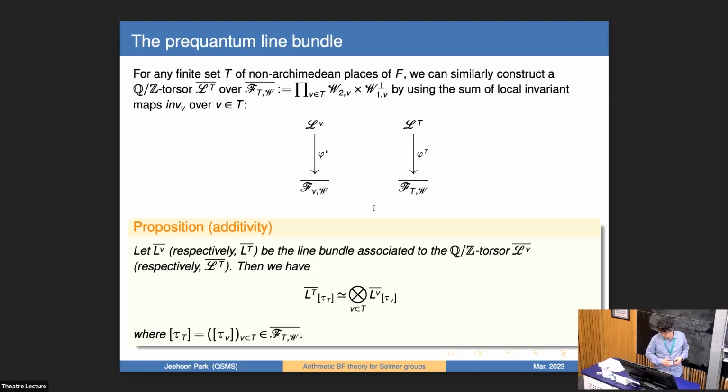Then the simple proposition is additivity: LV is the line bundle associated with the Q mod Z torsor, and this construction gives the tensor product of local components. You can check that. This is part of the axioms of TQFT: the disjoint union goes to tensor product, and this will be responsible for that.